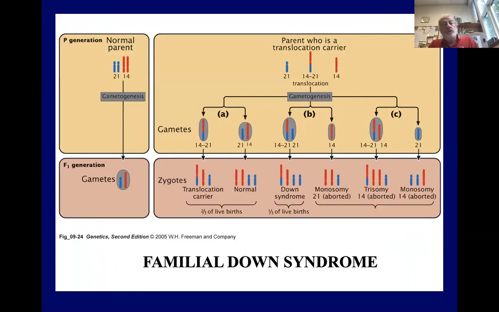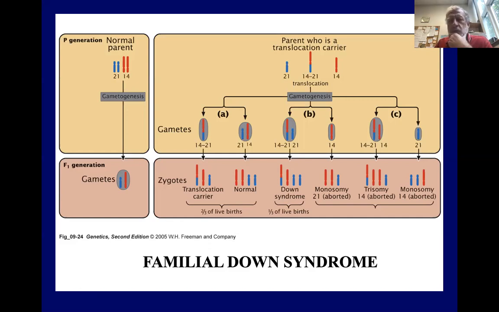Now, sometimes Down syndrome can run in families due to a translocation, a 14;21 translocation. So here on the left, we've got the normal parent, and then on the right, we've got a translocation carrier. They have one normal 14 chromosome, one normal 21 chromosome, and then they've got a 14;21 translocation where the entire 21 is squished down on the end of 14.